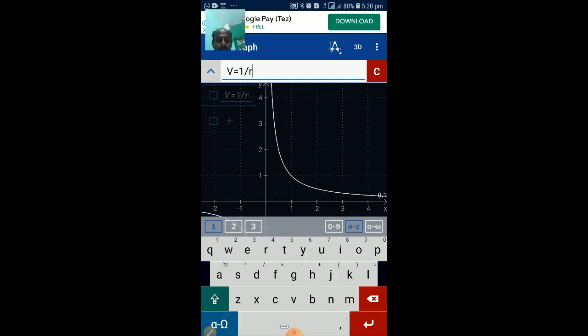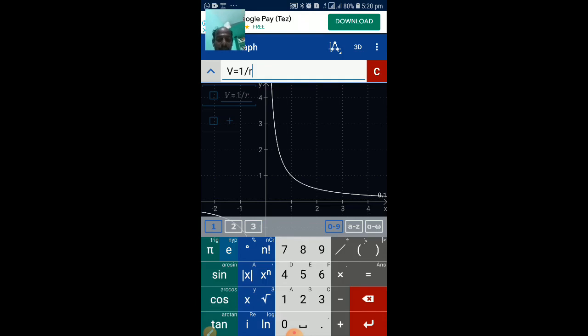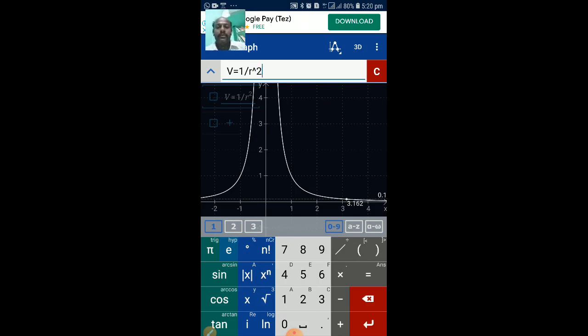And for an electric dipole, just now we have seen that the graph will be V is equal to 1 by R square, or V is directly proportional to 1 by R square.